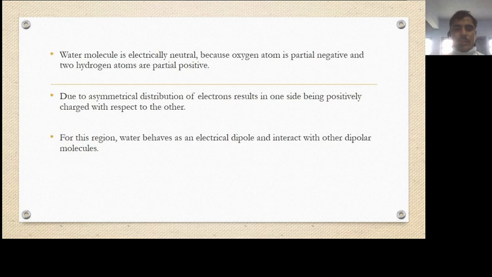Due to asymmetrical distribution of electrons, one side of the water molecule is positively charged with respect to the other. If we see the structure of the water molecule, the hydrogen atoms are partially positively charged while the oxygen atom is partially negatively charged.